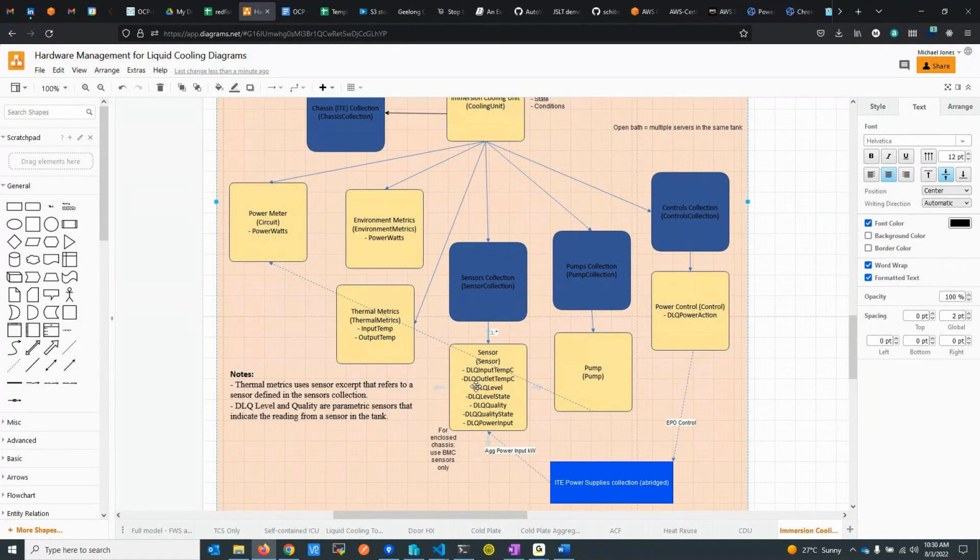So if you have some kind of level sensor in there, you can have a 0 to 100% for the level. For the quality, the same. If you've got sensors in there that can measure the DLQ quality, you can have a 0 to 100 representation as well. Obviously, the fallback here is just these states. It's either good or it's not.